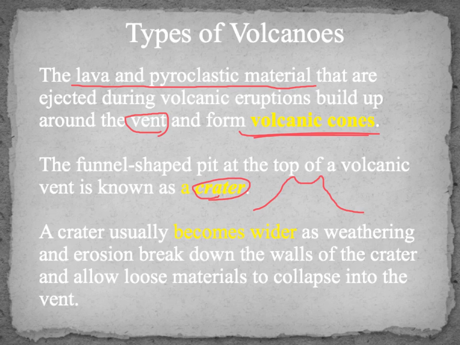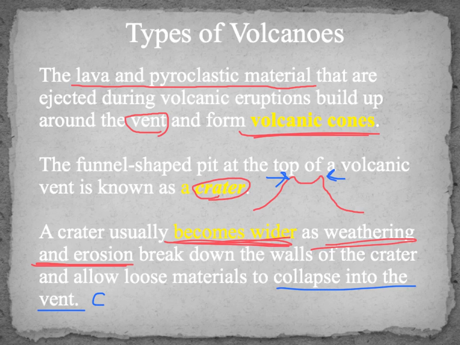Usually that crater becomes wider as weathering and erosion happen. The edges of the crater start to wear away, and then sometimes the crater falls in on itself and could even collapse into the vent, which could cause pressure to build.